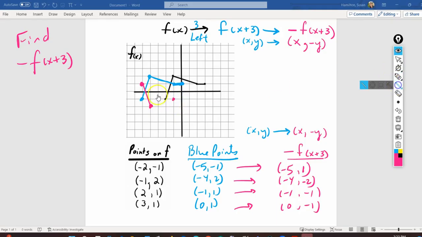Connect. And 0, -1, which will be there. So I can get rid of the middleman. I don't really care what's happening to the blue now. And I have the graph of my red one, which is -f of x plus 3. Okay.